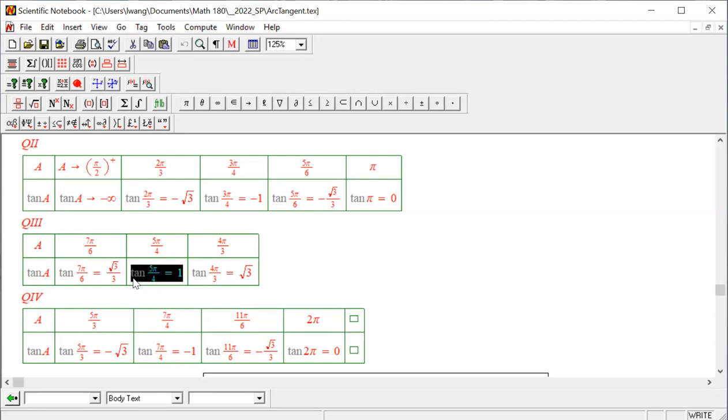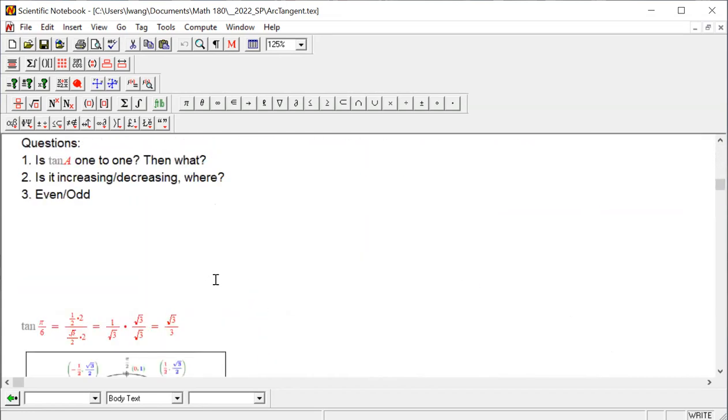Tangent 5 pi over 4 equals 1, and tangent pi over 4 equals 1. That pair will also make the point that it is not 1-to-1. So we're going to make that narrative.